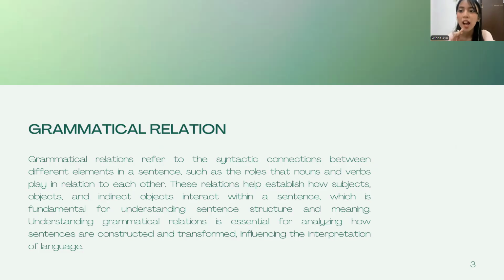This relation helps establish how subject, object, and indirect object interact within a sentence, which is fundamental for understanding sentence structure and meaning. Understanding grammatical relation is essential for analyzing how sentences are constructed and transformed, influencing the interpretation of language.